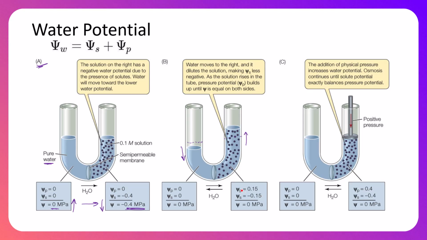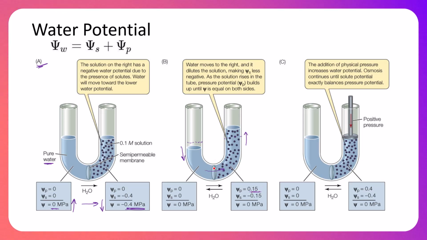But you'll also notice that because we added more volume, we have actually increased the pressure. Notice the pressure started at 0. That is the potential energy of the pressure. So as the water moves from the left side through the semi-permeable membrane, every water molecule added is going to start increasing the pressure.